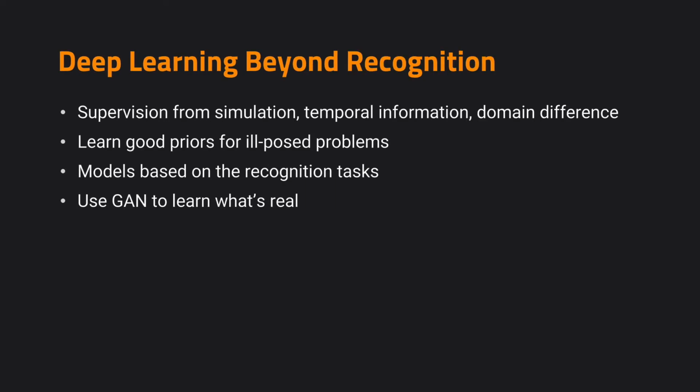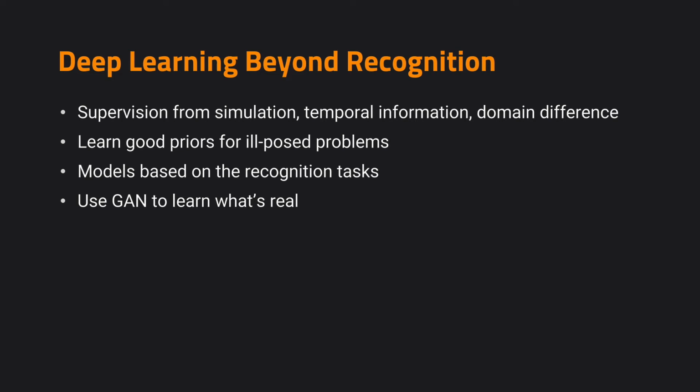That concludes our lectures on using deep learning for supervised learning tasks. In addition to the labels for recognition tasks, we can obtain supervision to bootstrap the models and even to train the models from simulation, temporal information, and domain differences.